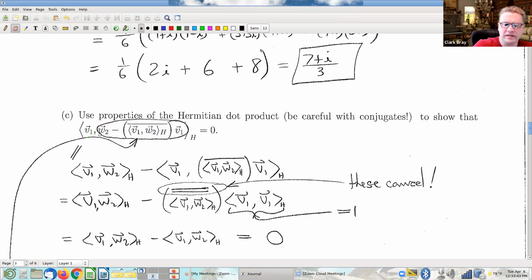In the Gram-Schmidt context, we did this because we wanted to make sure that to whatever extent W2 pointed in the V1 direction, we got rid of that. So what we subtracted off in the regular old Gram-Schmidt situation was the extent to which W2 points in the V1 direction.